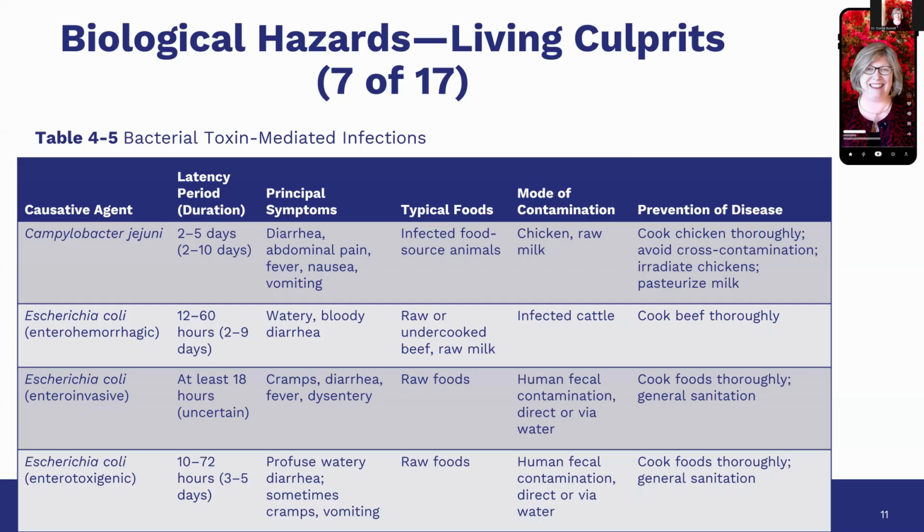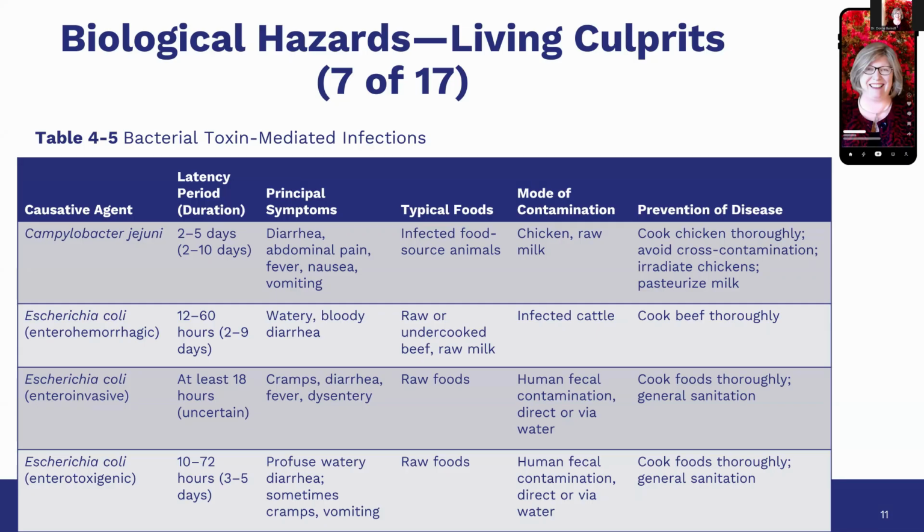But when you look at the human fecal contamination, which again, you're going to see repeatedly, how could that be? Well, here you have direct or via water. And this is where contaminated water becomes a problem. When sanitation in an area isn't good, or they're dumping raw sewage into water that people use, you're going to end up with this potential.